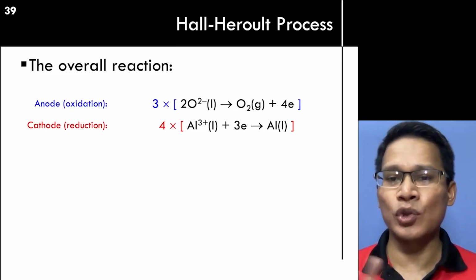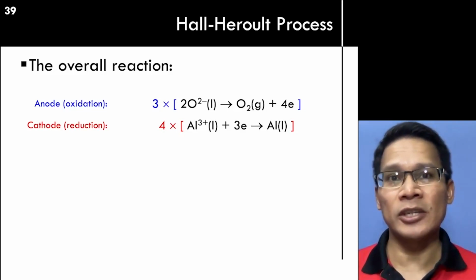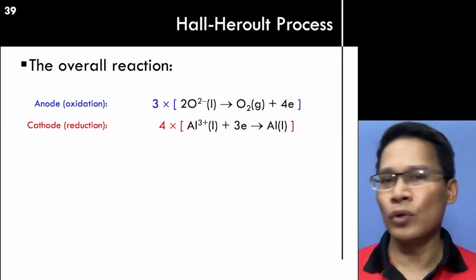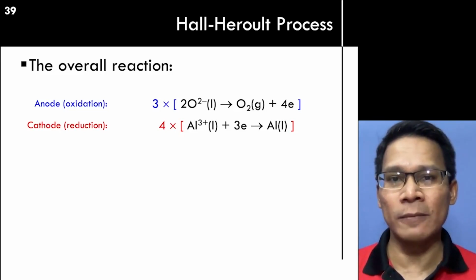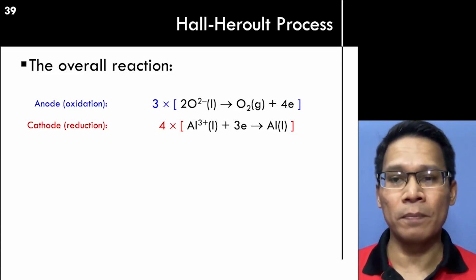Before we can add these two half reactions to obtain the overall equation, we must ensure that the number of electrons in both half reactions are equal. To achieve this, the oxidation reaction is multiplied by 3 and the reduction reaction is multiplied by 4.